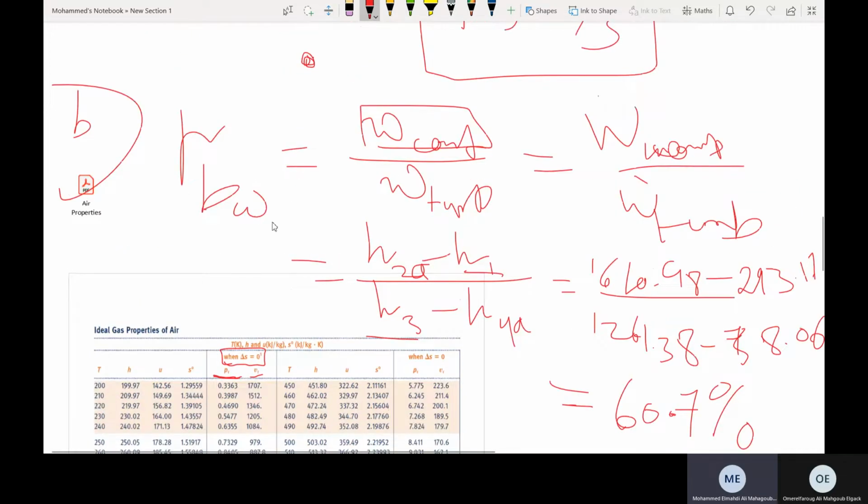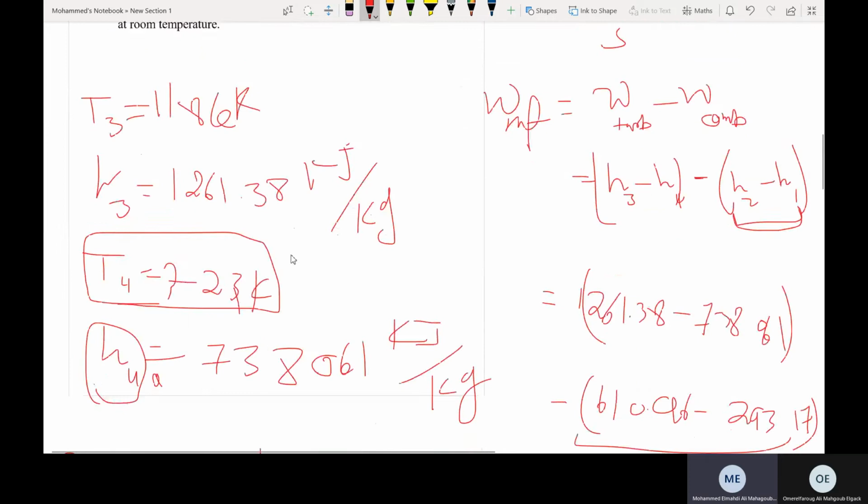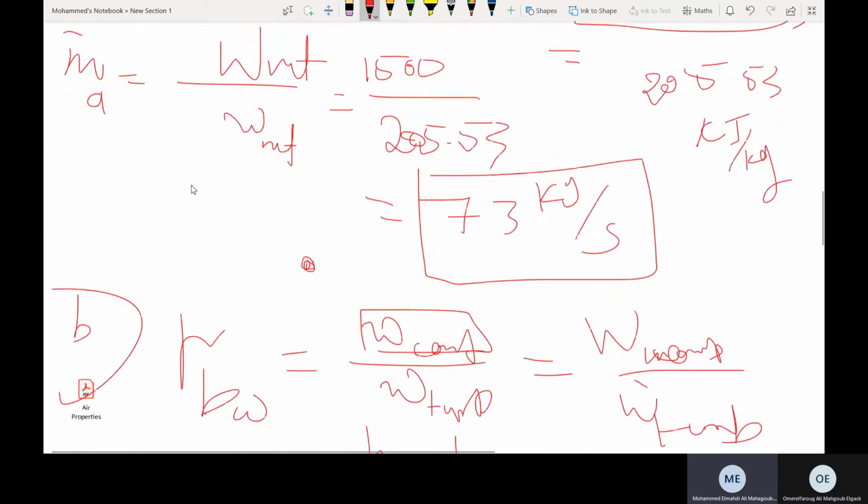This is the ratio of the work that will be used again to power the compressor. Because if we draw this cycle, let's say that this is our turbine and this is our compressor, just a rough sketch. The work that is produced from this turbine, a fraction of it is going to be used to power the compressor, and another fraction is going to be used in making electricity or anything else that we need.